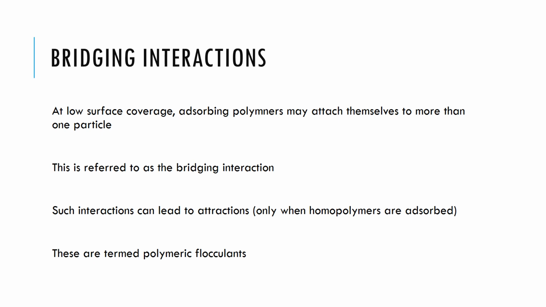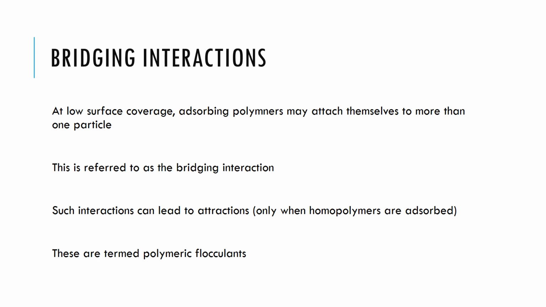Now you can also get these things called bridging interactions, and at very low surface coverage, it may be that polymers attach themselves to more than one particle. And here we can actually flocculate particles, so we can actually destabilize the system through using polymeric interactions.